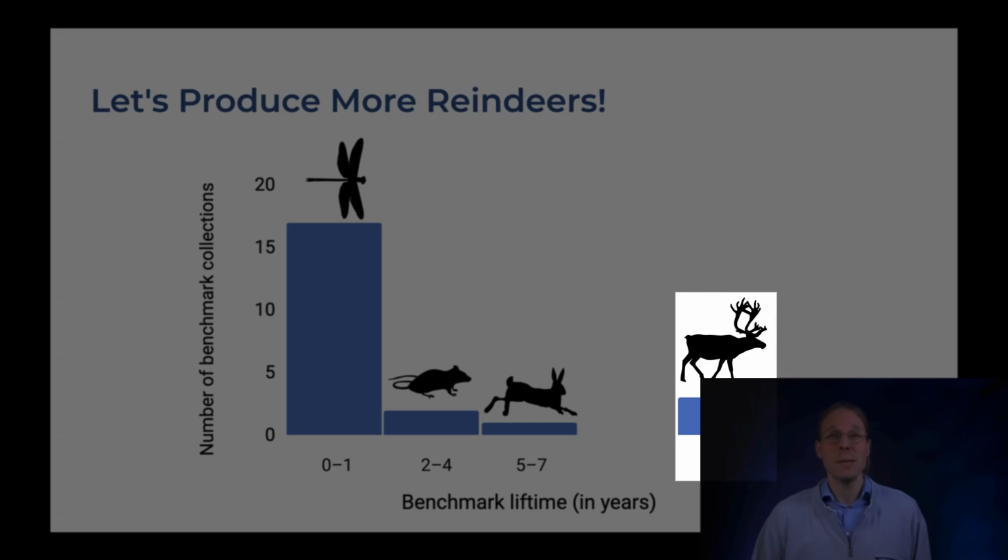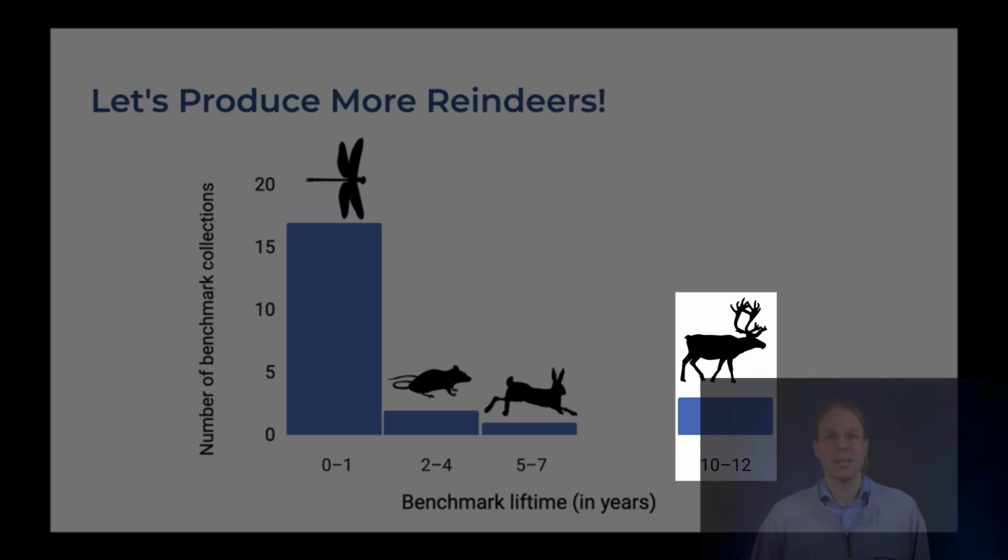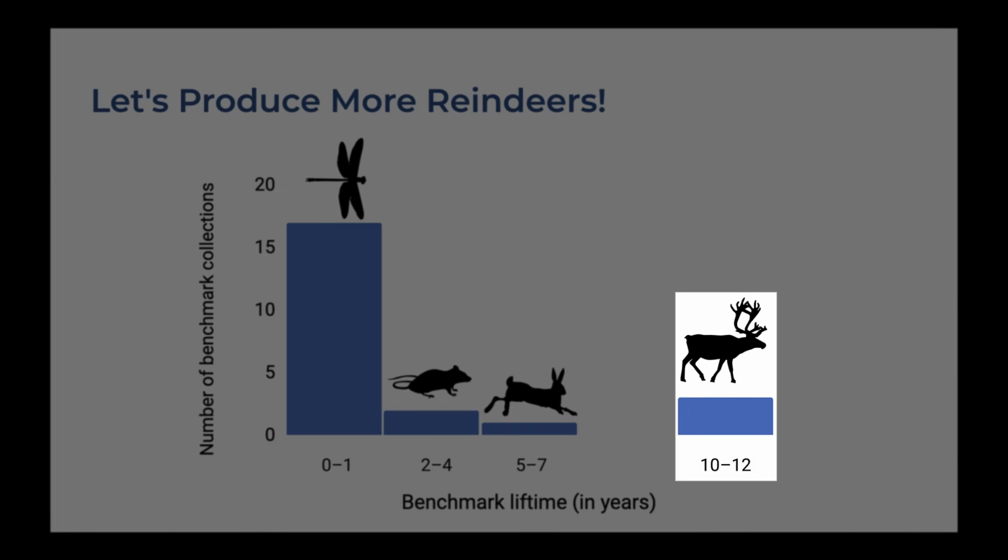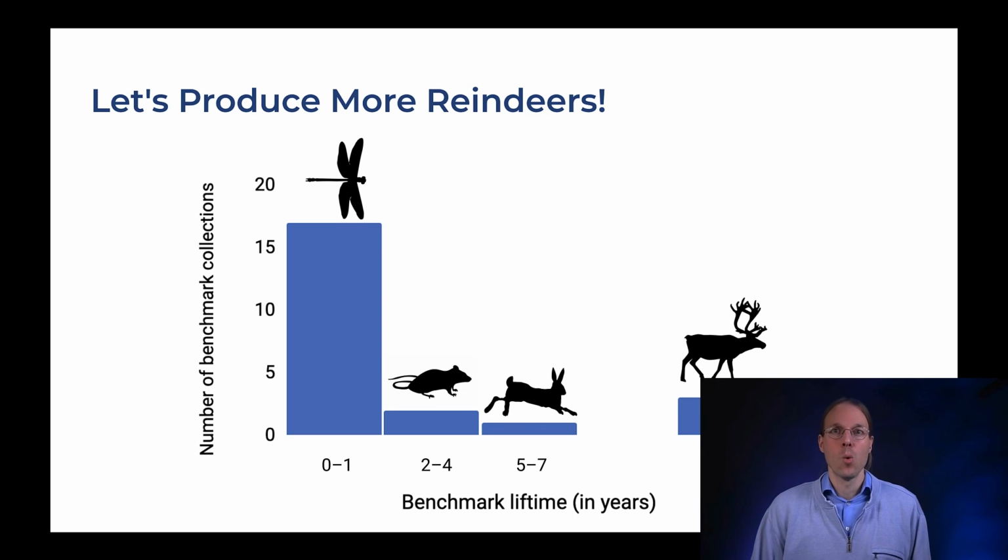But only 3 benchmarks in our set of collections that we analyzed had a lifetime of 10 years or more, which is the lifetime of a reindeer shown here. And we as a community should really try to produce more sustained benchmark collections. So let's make more reindeer-like benchmark sets rather than dragonflies.